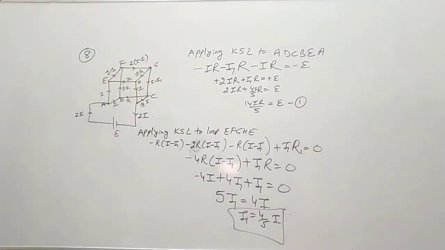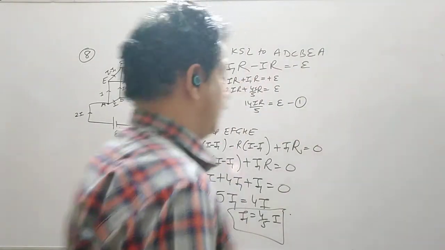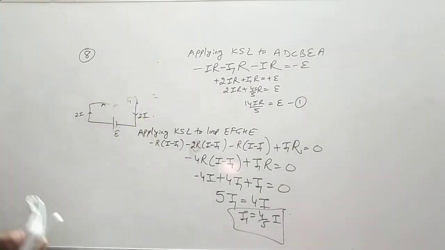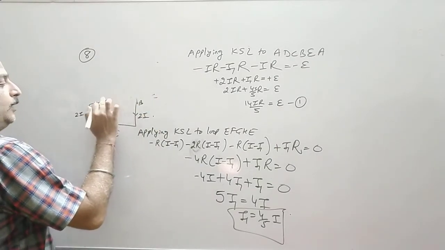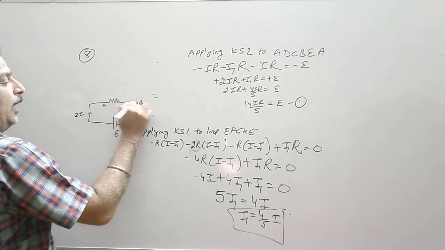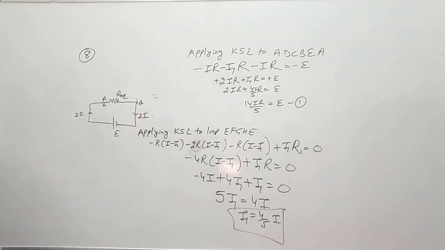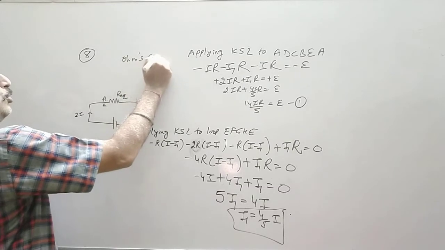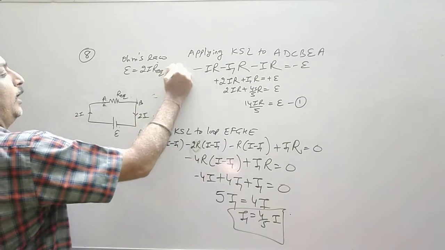Now again we remove the skeleton of the cube and replace it by an equivalent resistance. So between points A and B the skeleton is removed and we have AB. So this is R equivalent. Now we apply Ohm's law here. So by Ohm's law, E is equal to 2I R equivalent.